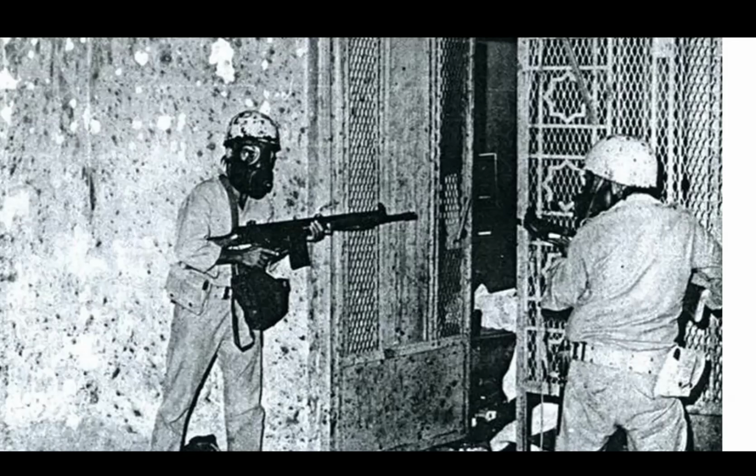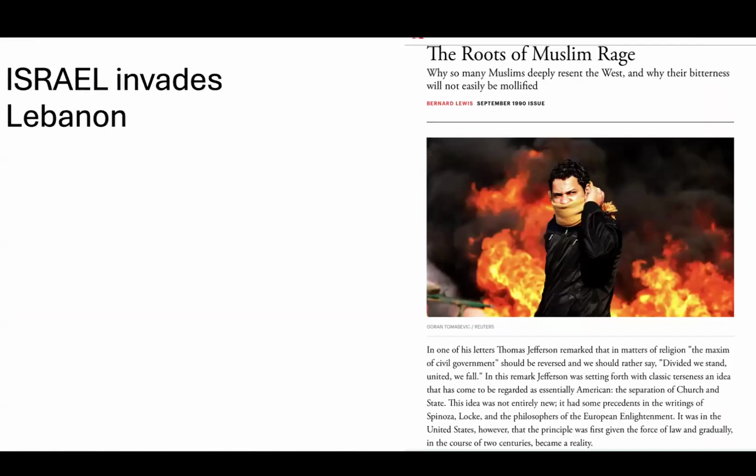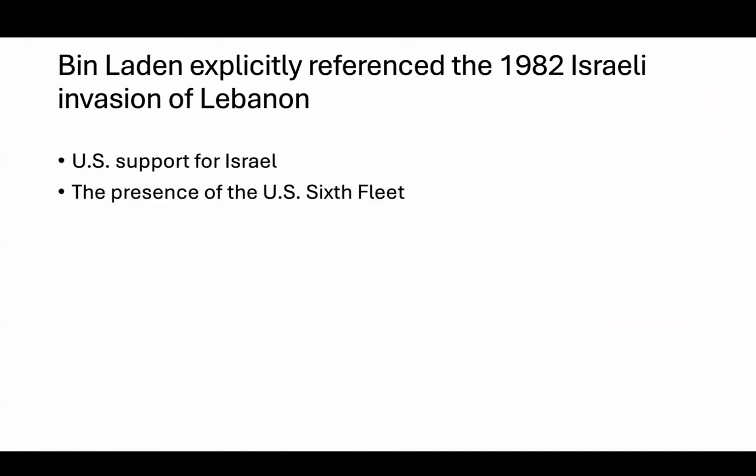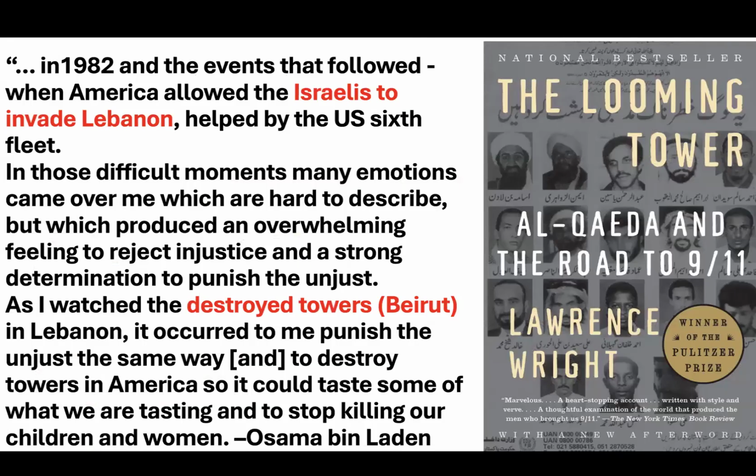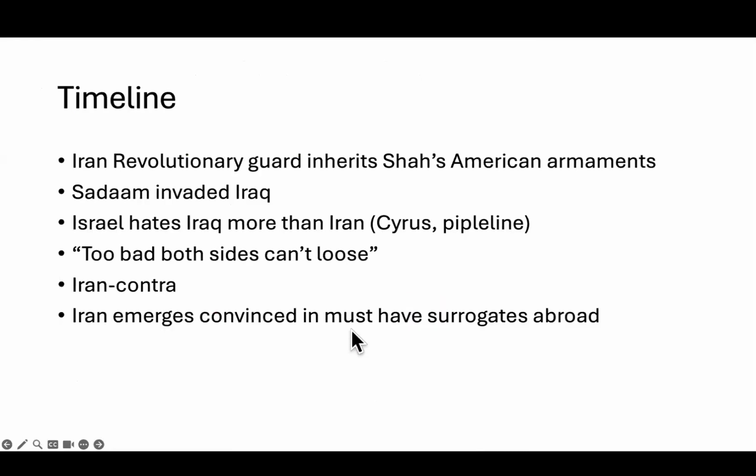And of course, bin Laden takes heart. These were the Wahhabis who took over the mosque in Mecca. And then to make matters worse, Israel invades Lebanon, and bin Laden specifically talks about the bombing of towers in Beirut and the U.S. support. This is all in The Looming Tower, a very good book, and he quotes bin Laden in that book.